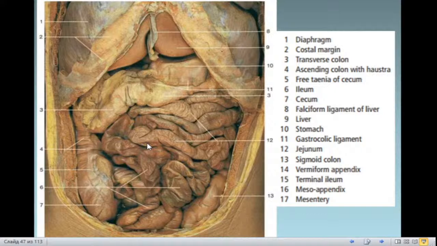Among very important fat-soluble substances, you should know four fat-soluble vitamins: A, D, E, K. Very important vitamins, and their deficiency causes serious problems in the body, right?